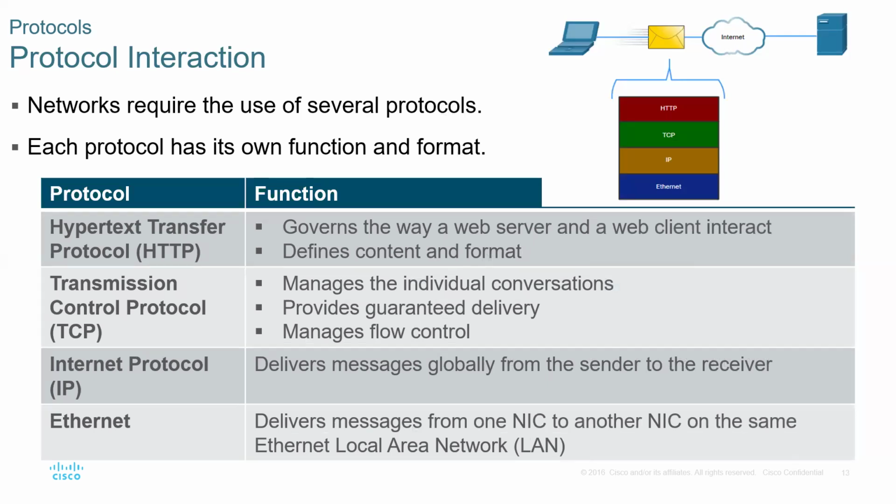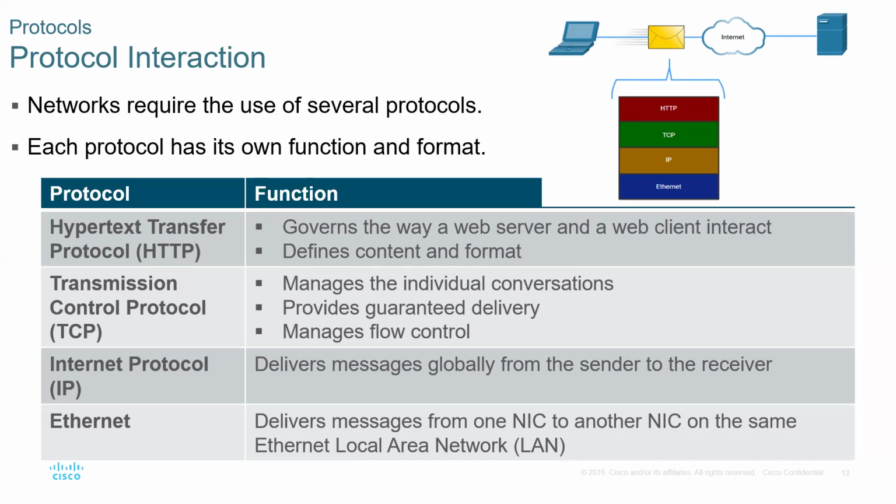So here we have, I think, one of the best examples to explain protocol interaction, how different protocols from different layers. Okay, we've not got to define layers yet, but let's just say how different protocols interact.